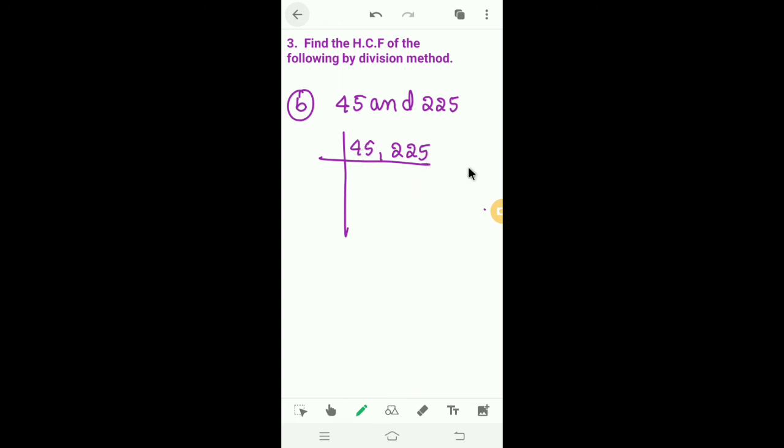Between 45 and 225, 5 is the smallest common factor. 5 9s are 45. 5 45s are 225. Between 9 and 45, 3 is a common factor. 3 3s are 9. 3 15s are 45.